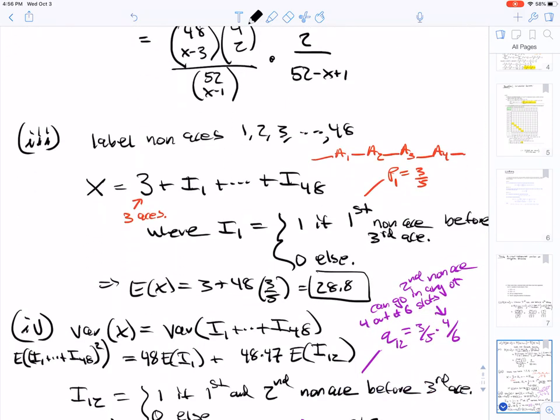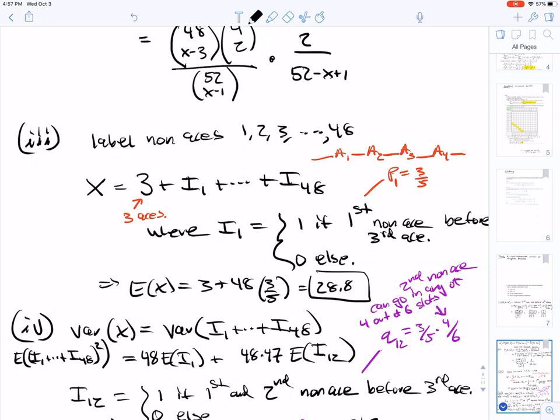So to compute the expectation, I write X as 3 plus the number of 48 indicators corresponding to the non-aces. So I1 is 1 if the first non-ace is before the third ace. To find that probability, it's similar to the concept test.